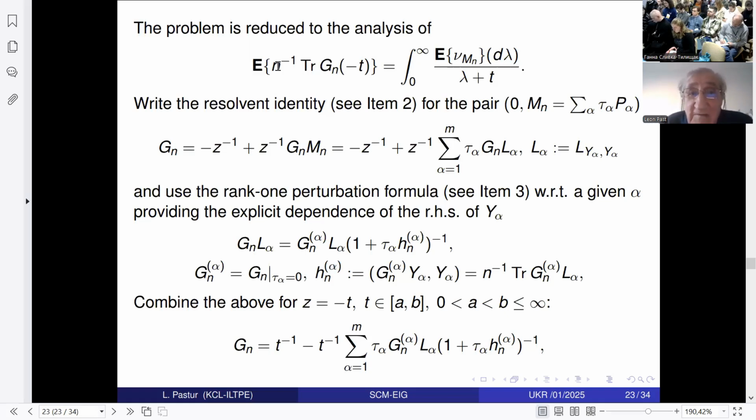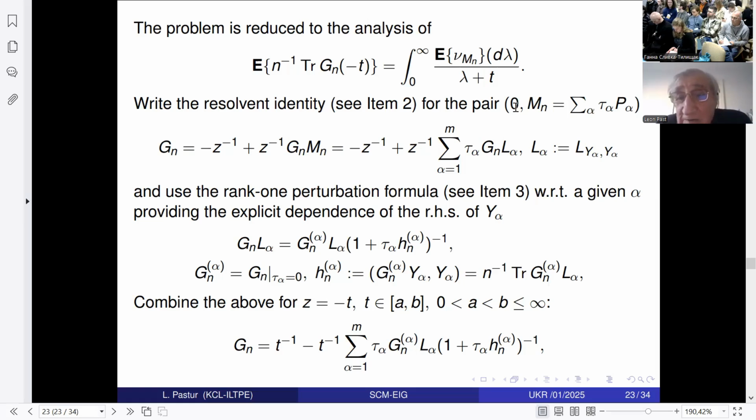And now we will deal with the resolvent. I write the resolvent identity. It is trivial algebra. I take two matrices, 0 and our Mn, and write the resolvent identity, which was written in the tutorial for any two Hermitian matrices.